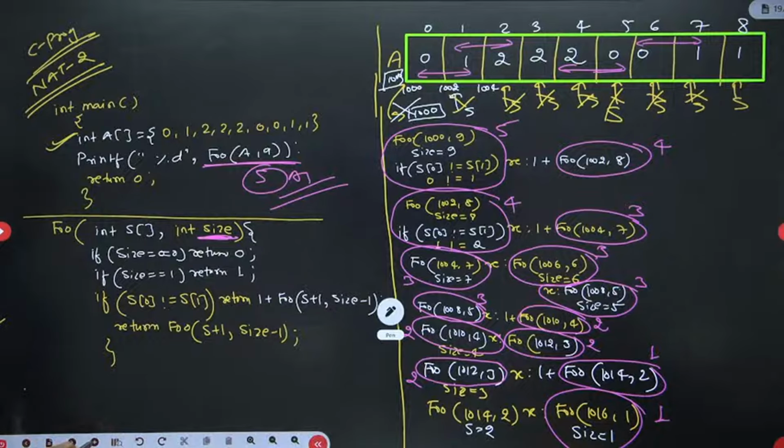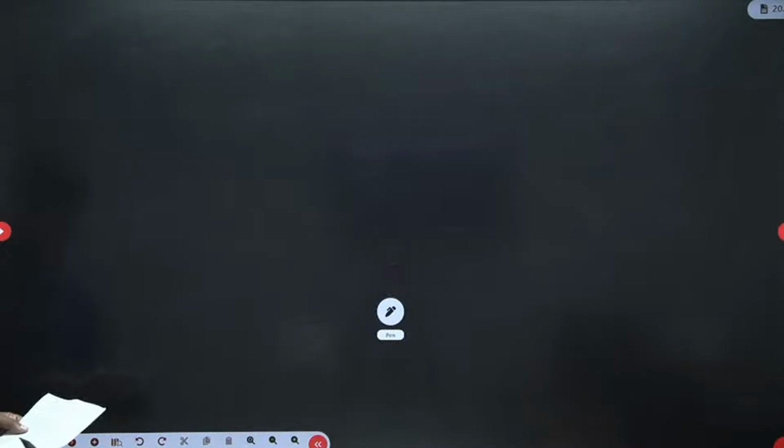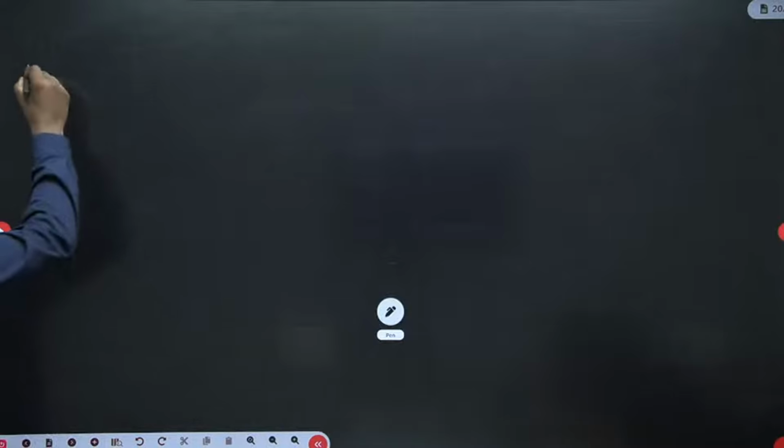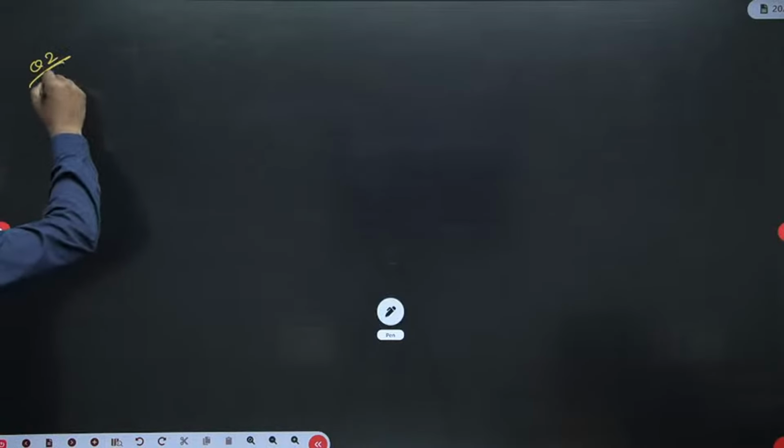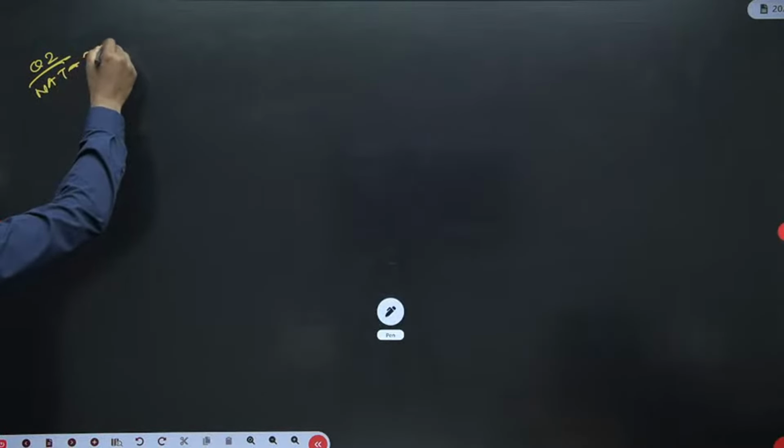Now see here, one more question from this algorithm. It is a 2 marks NAT question.